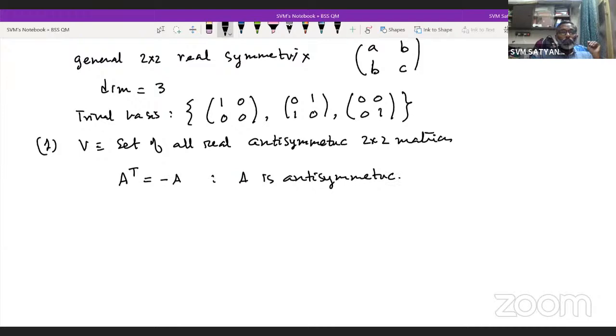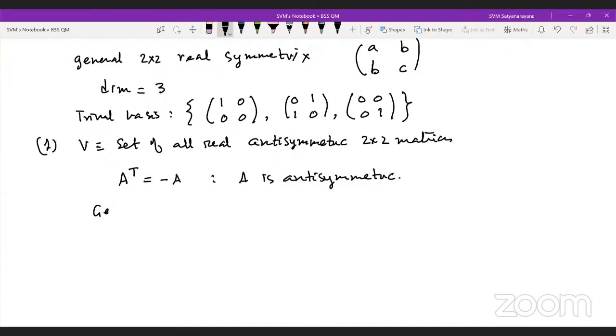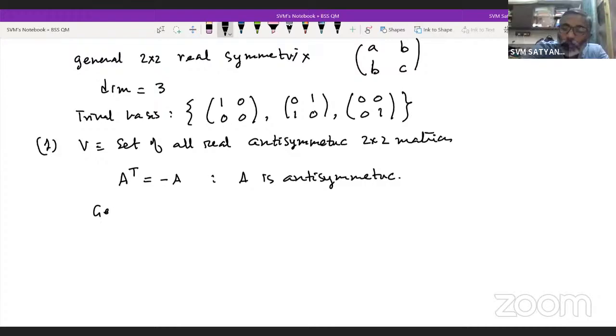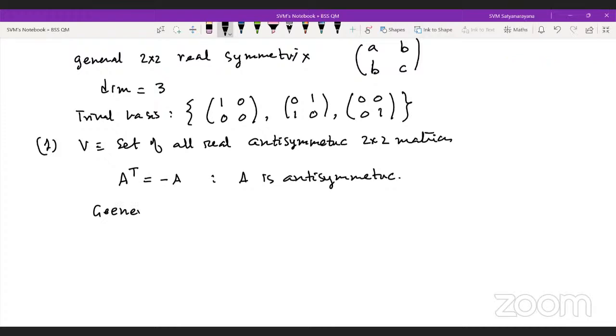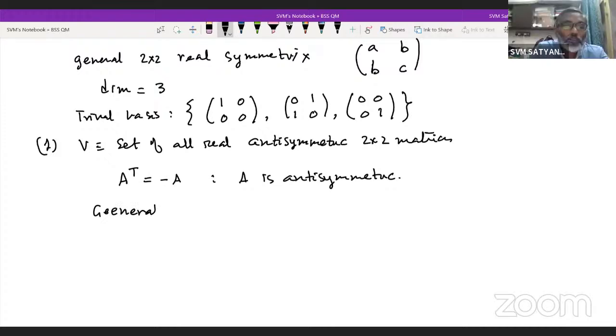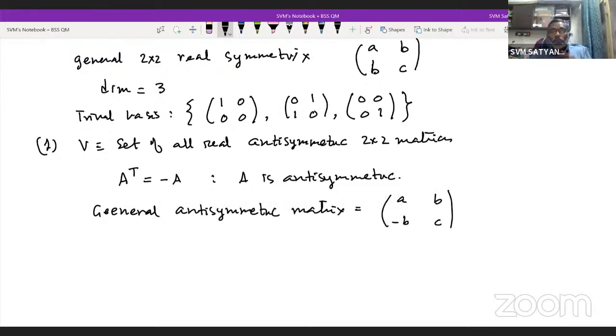Okay, what is the general antisymmetric matrix? A, B, minus B, C. So if you take the transpose, what will you get?